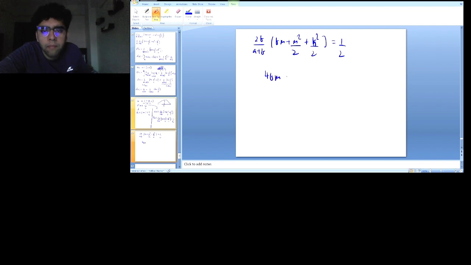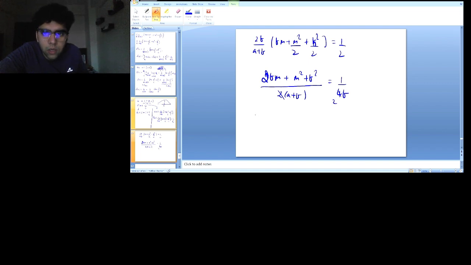Just taking the LCM here, 2bm plus m square plus b square gives me 2a plus b, and 2b goes here. Cross multiplying it, 2 and 2 goes away.